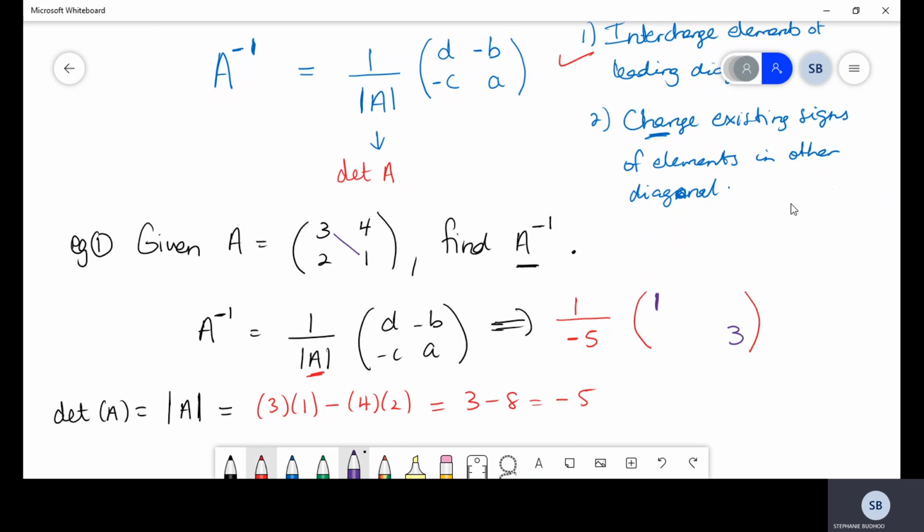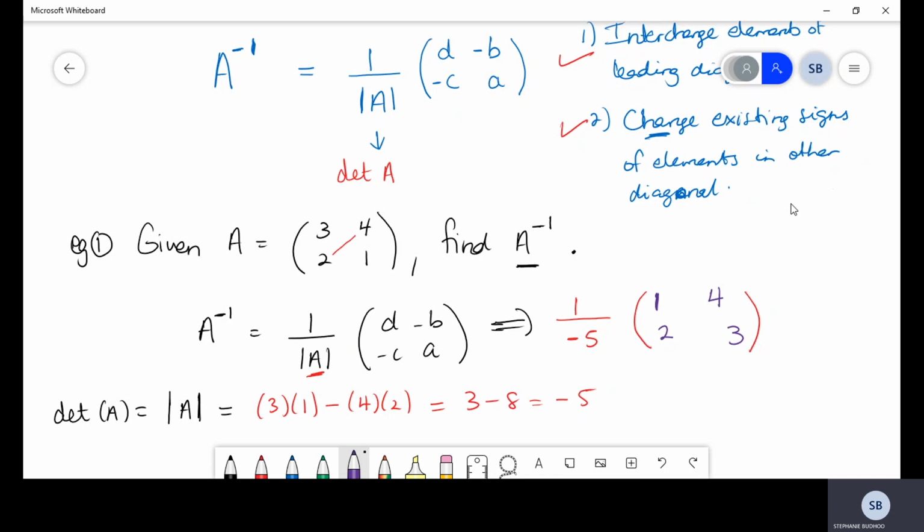Then the second step is telling us to change the existing signs of the elements in the other diagonal. Now, what are the elements in the other diagonal? Well, the elements in the other diagonal are 4 and 2. They did not say to switch them. They did not say to interchange them, but it did say to change the existing sign.